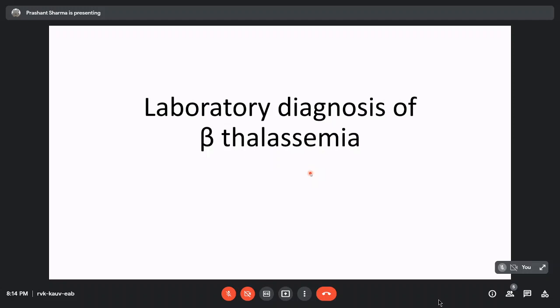And there are many other things like poly A tail changes. Sometimes rare things can involve translocations and transacting factors, which I haven't gone into today because they're rarer than the things that we discussed. Okay, so coming to laboratory diagnosis.